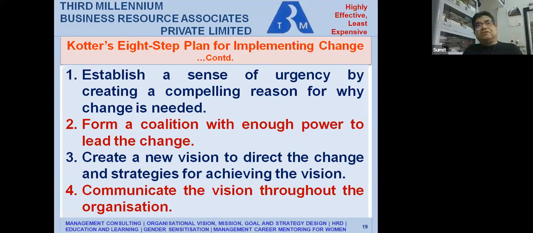Now imagine a sweeper at NASA telling the president of the country, when he asks what he is doing, that he is trying to put a man on the moon. So the vision of NASA has been communicated to him. He doesn't say, I'm sweeping the floor, I don't know what I'm doing. This is the meaning of communicating the vision throughout the organization. The commitment comes only then.